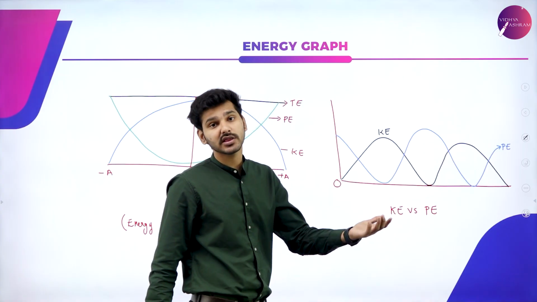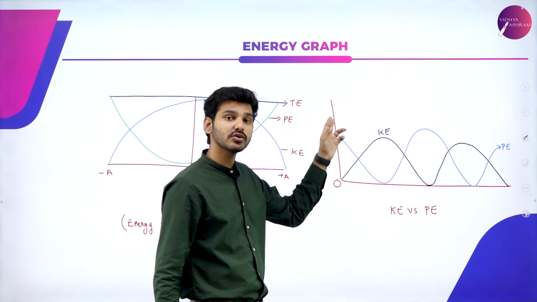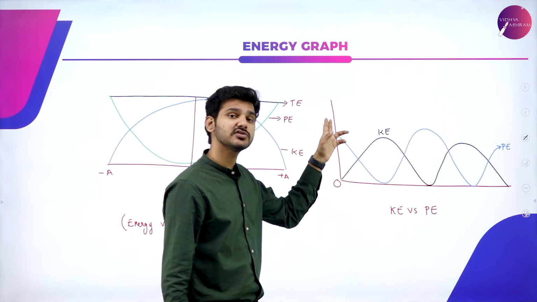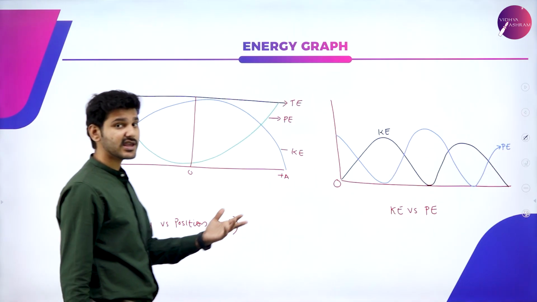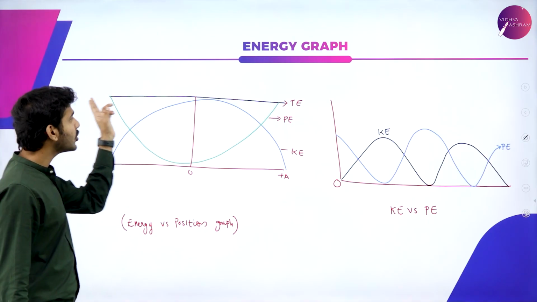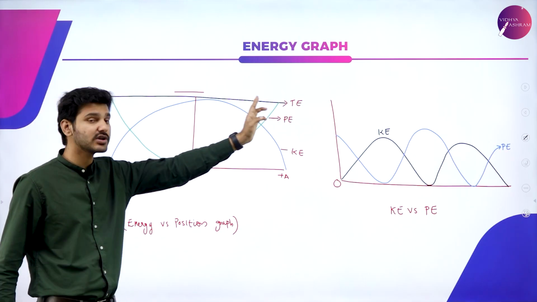The potential energy is a cosinusoidal graph, or simply a cosine graph, which is starting from the extreme position and it will carry on like this. Similarly, in the case of a simple pendulum, the total energy will always remain a constant. So that is what is shown here.